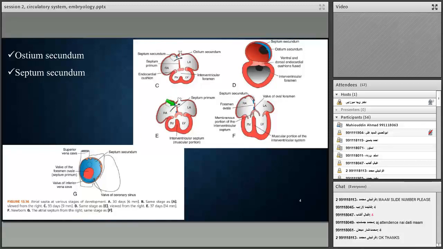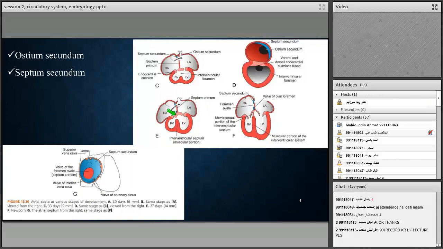Its limb is growing and extending downward to the septum in the atrioventricular canal. Like septum primum, the septum secundum is also growing toward the endocardial cushions in the atrioventricular canal.